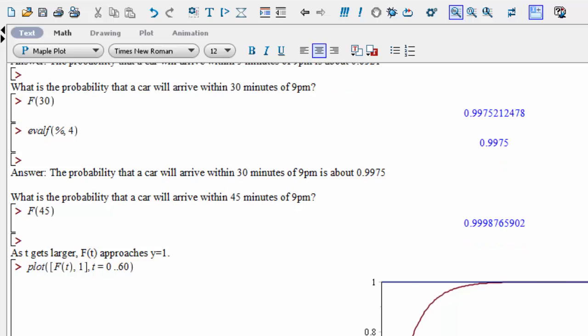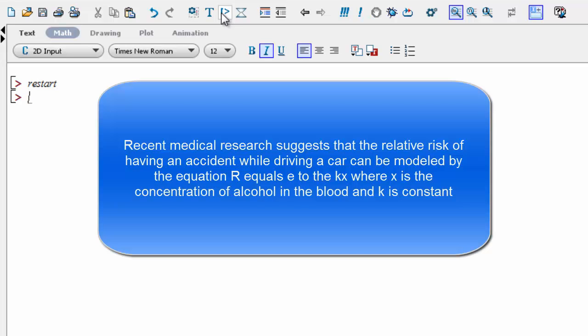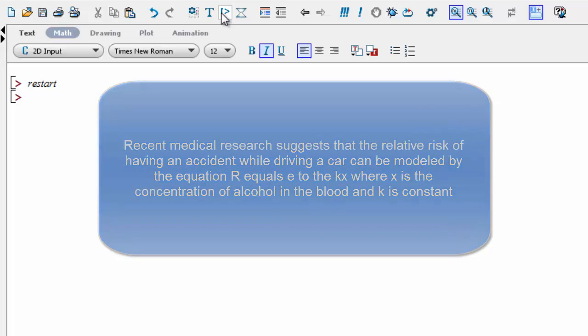So now let's look at a second example. Clear all my definitions. All right, so alcohol and driving. It says, recent medical research suggests that the relative risk of having an accident while driving a car can be modeled by the equation R equals e to the kx, where x is the concentration of alcohol in the blood, and k is constant.